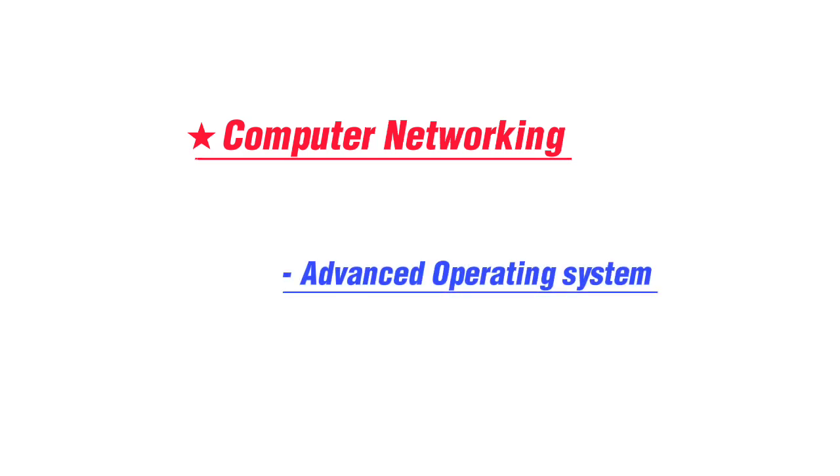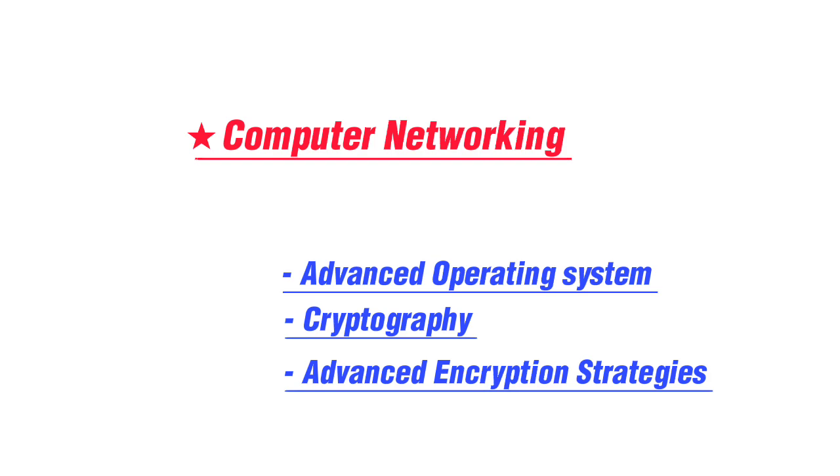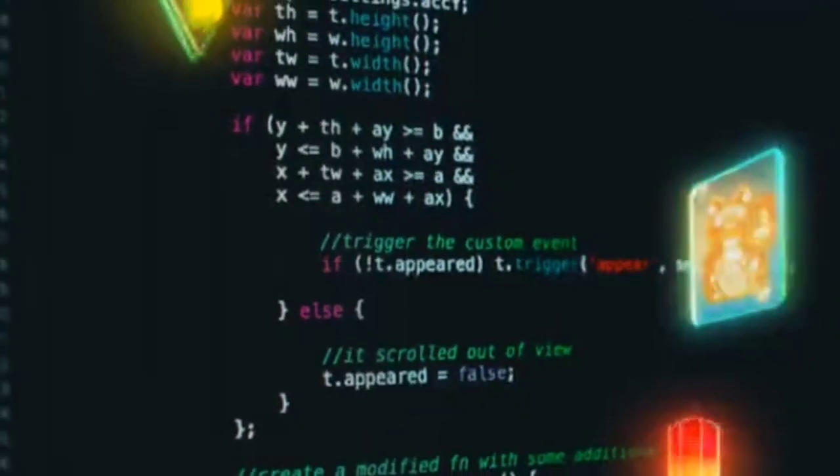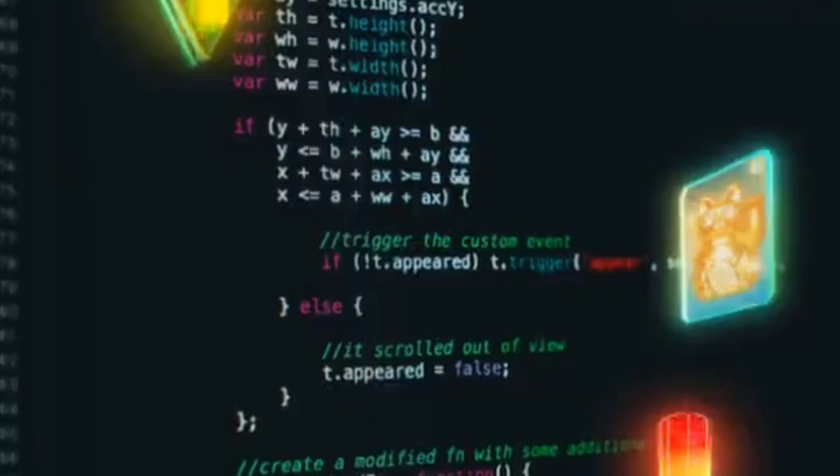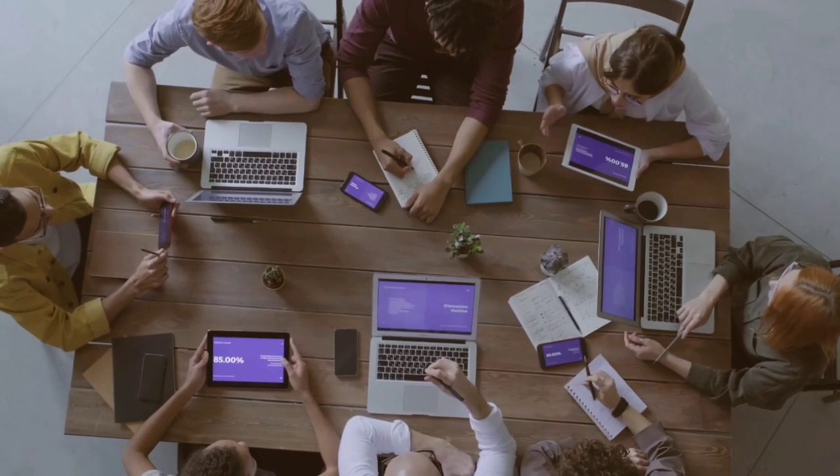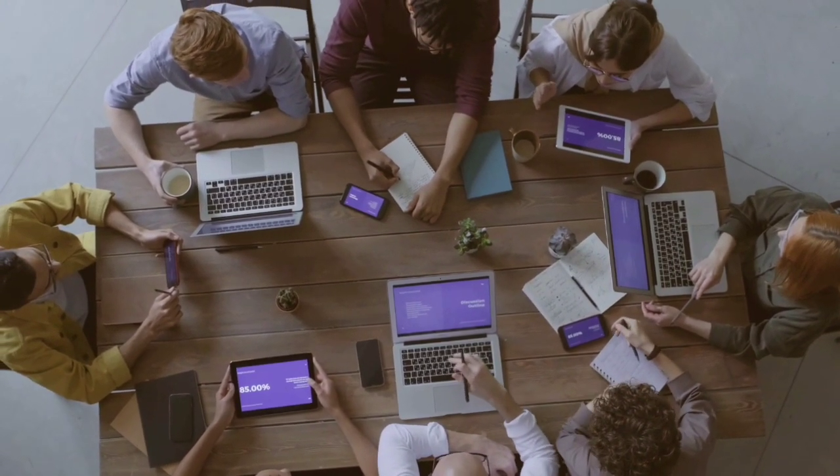First is computer networking, in which you learn advanced operating systems, cryptography, and advanced encryption strategies. Mobile and web computing, focusing specifically on the design and development of mobile devices such as smartphones and web based applications.